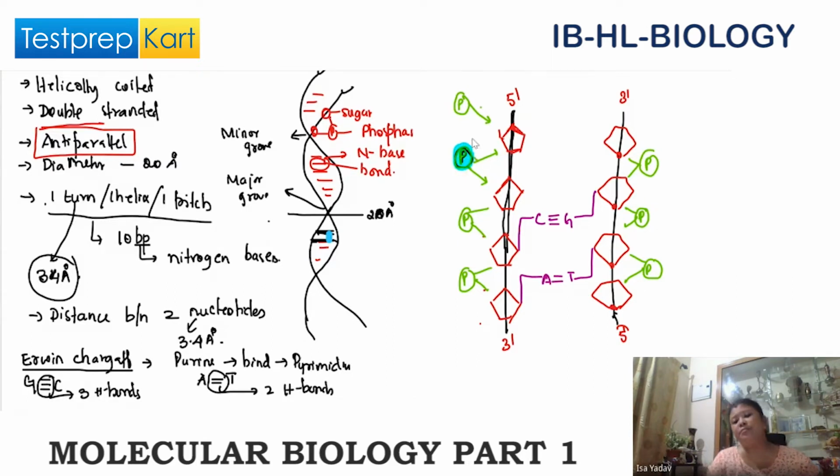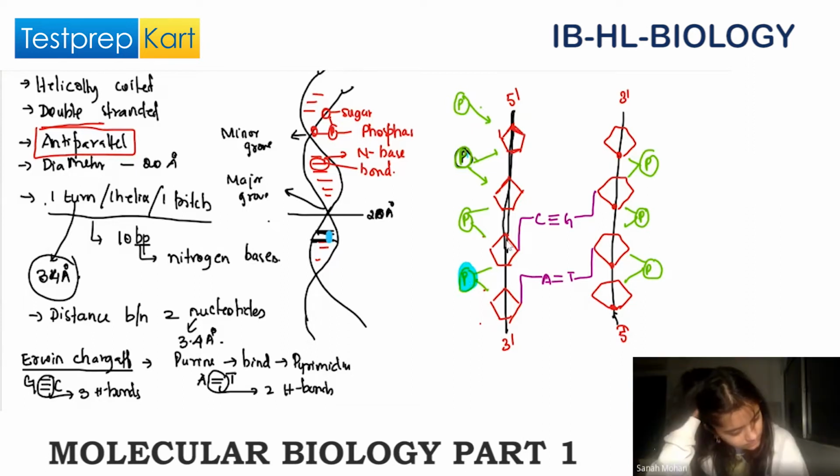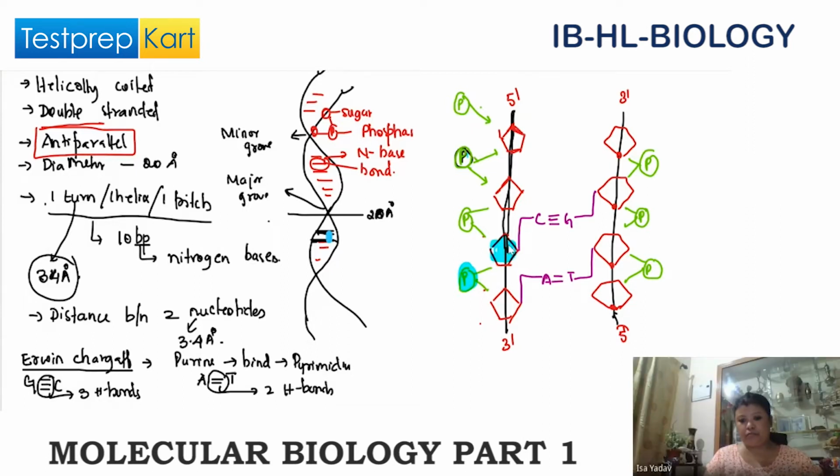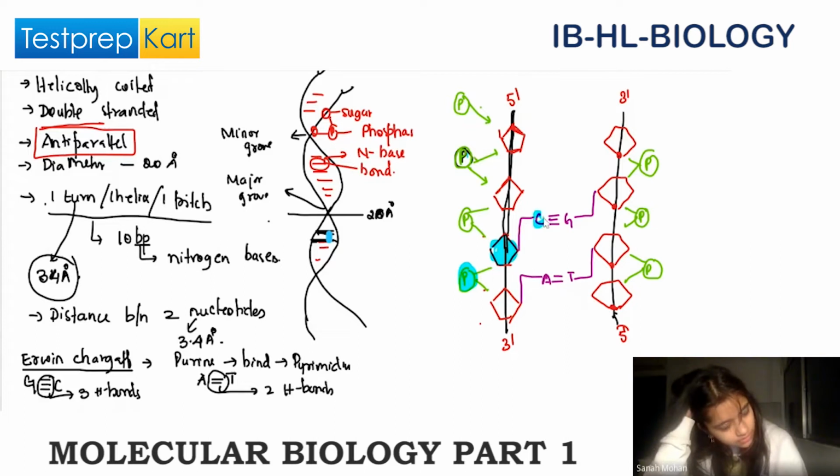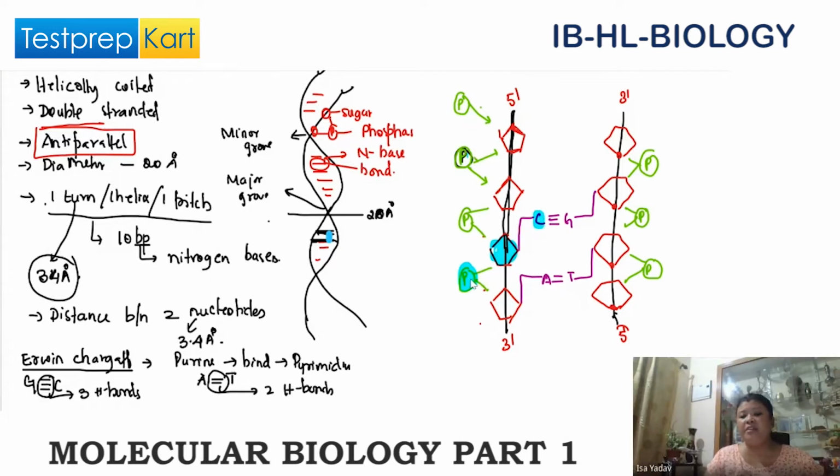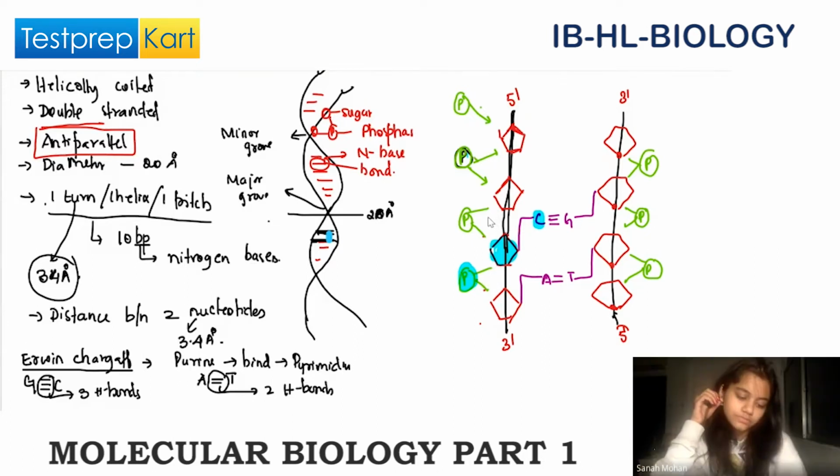Phosphate, sugar, nitrogen base. These three regions that I've highlighted make one nucleotide. How many nucleotides? One.